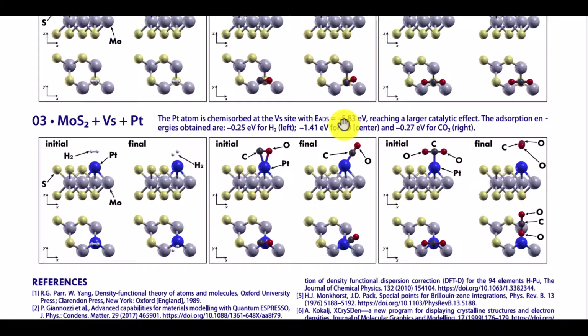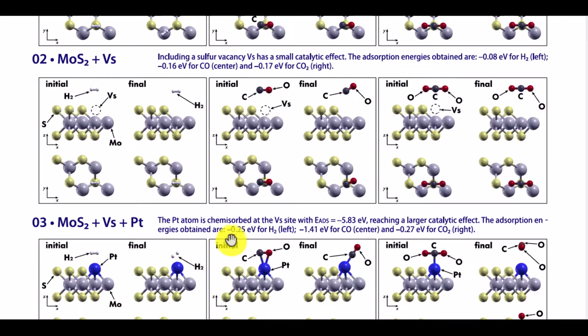So it's a stable configuration, and then we let this combined system interact with the same three molecules. For example, in the case of the hydrogen molecule, we have a significant increase in adsorption energy, to minus 0.25 electron volts, which still could be considered as adsorption.